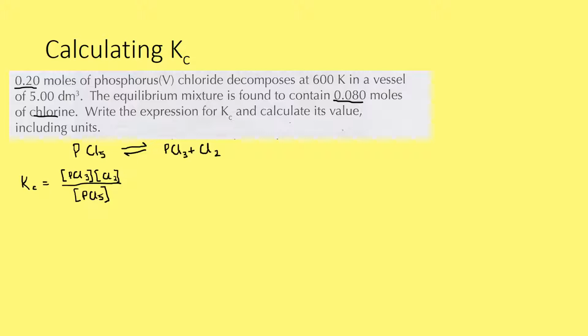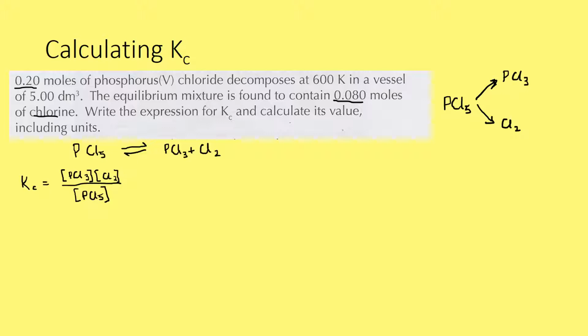First of all, the moles. We're told we have 0.08 moles of chlorine. So let's have a look at what happens to phosphorus pentachloride. That is going to decompose into 2 molecules, PCl3, and 1 molecule of PCl5 is also going to decompose into a molecule of chlorine gas.